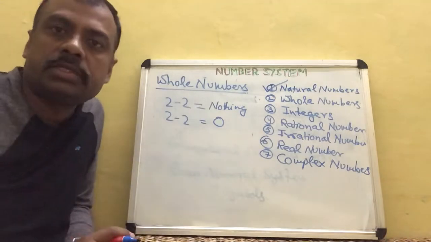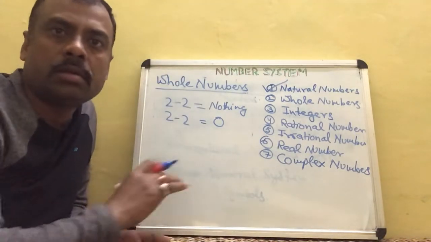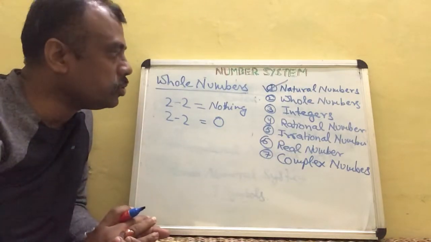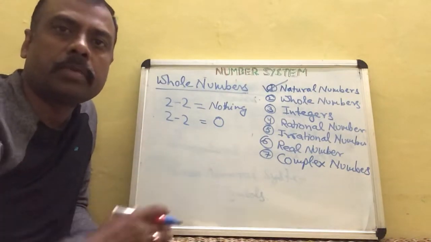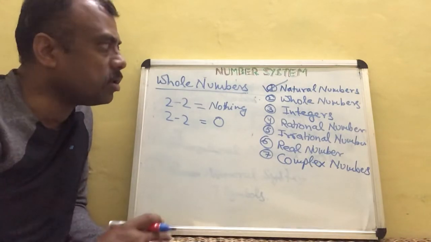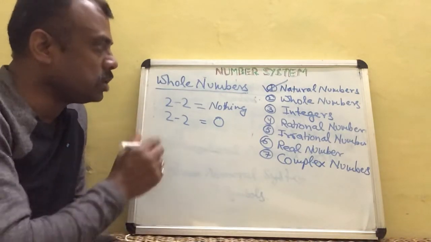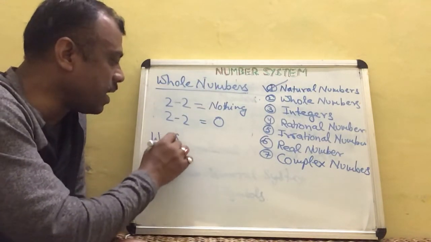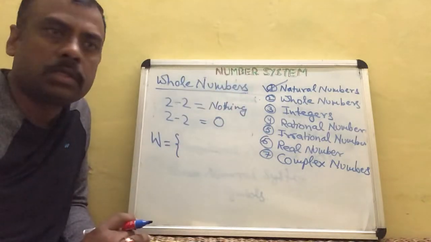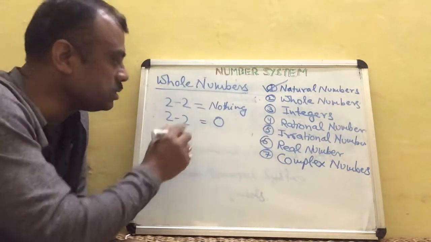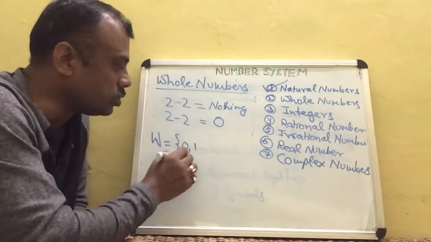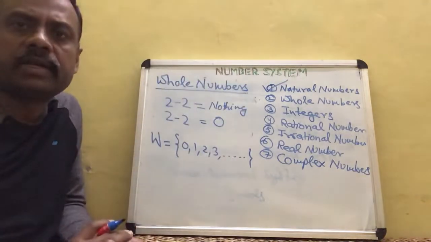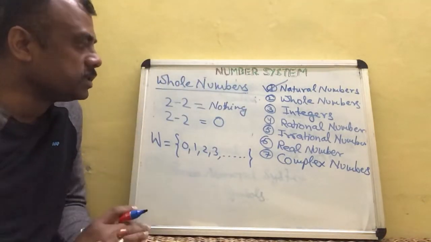But 0 is still not a member of any number family. So to include 0, we adopted another number system, called the whole number system, represented by W, which has all the natural numbers with one new member, 0. So 0, 1, 2, 3 and so on. There are infinitely many numbers.